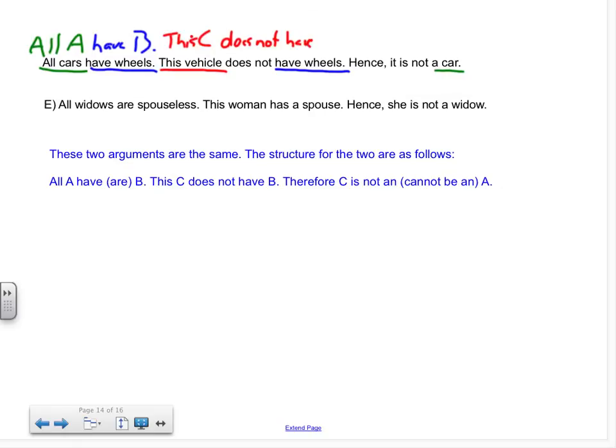Does not have B. You can also, to shorten it, use the symbol can't equal. This C can't equal B. Hence, it is not a car.